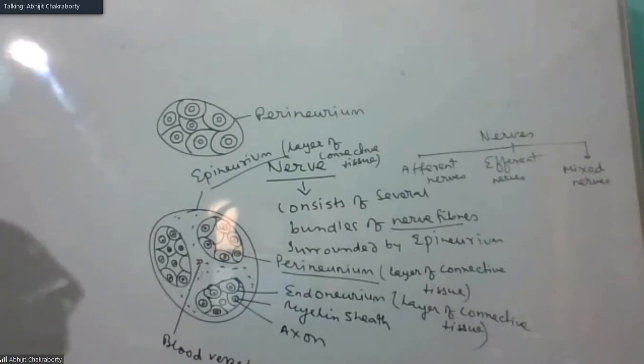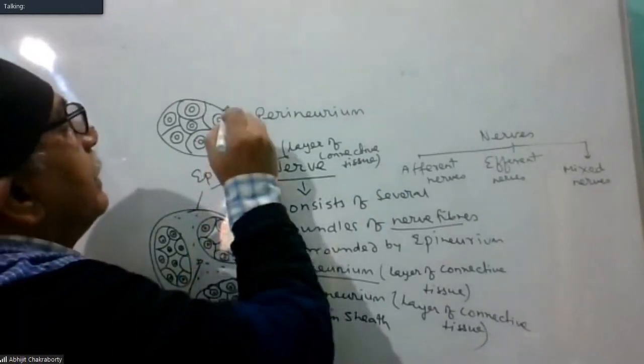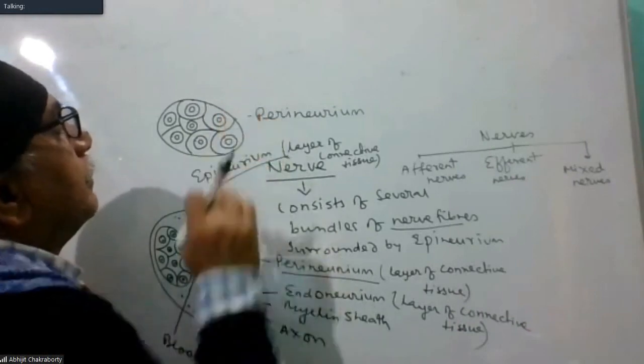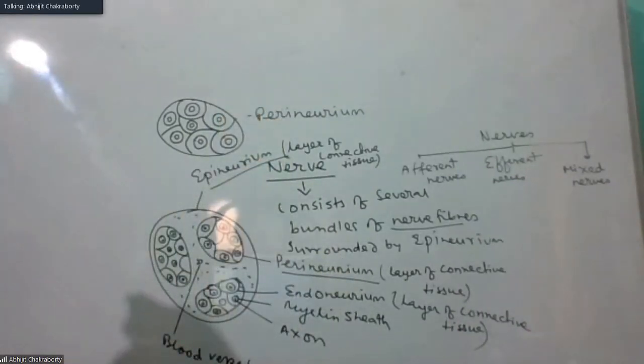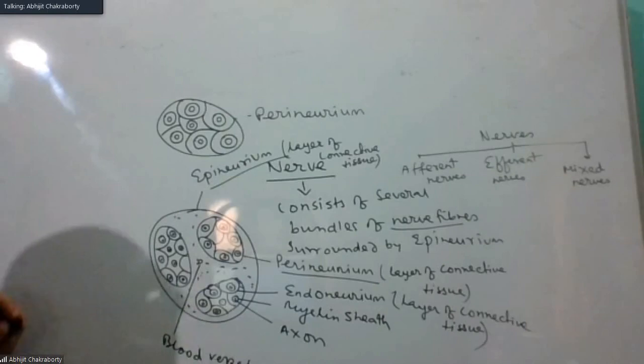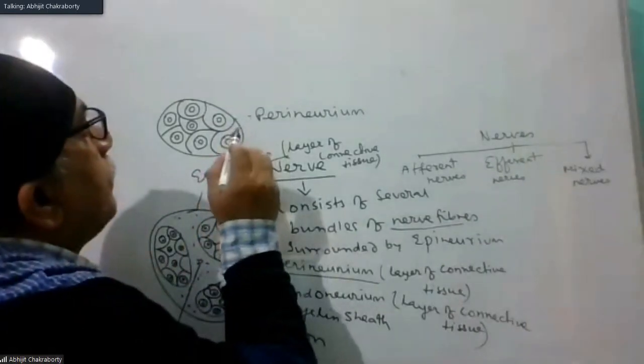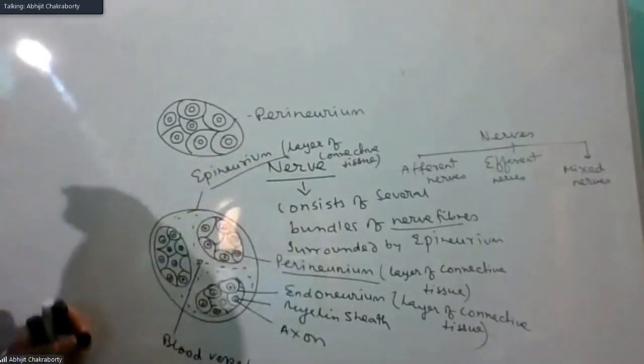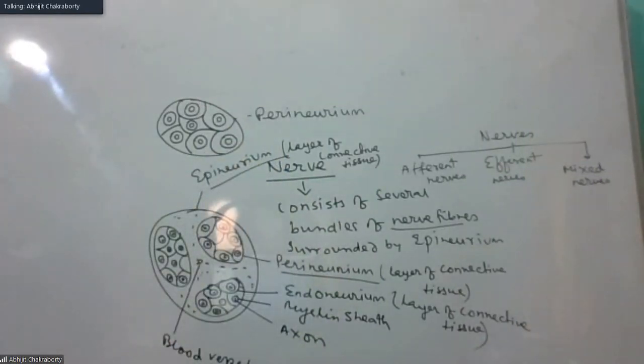So you see, look at one thing. So this is clear up to this. Now suppose each one here is called epineurium.